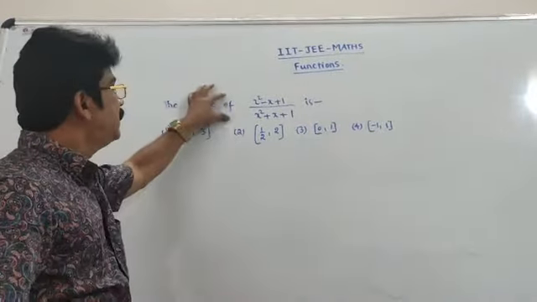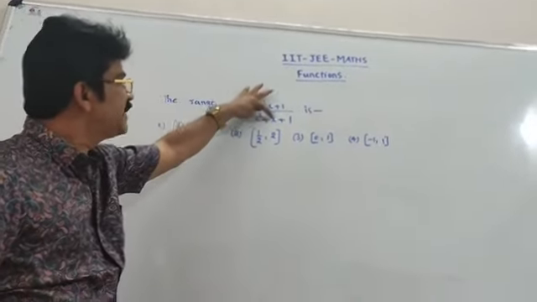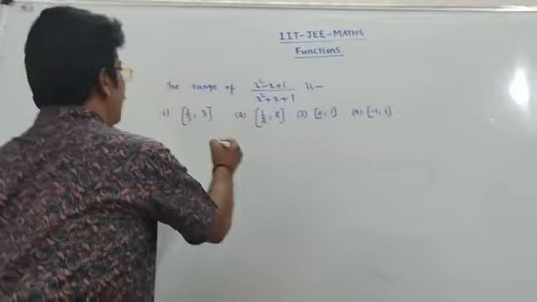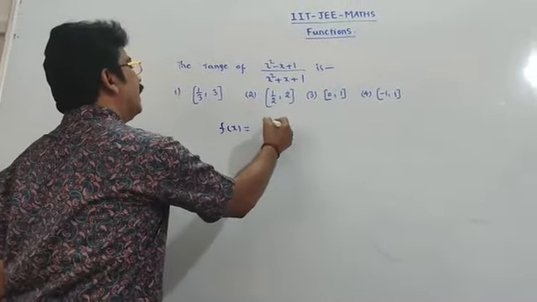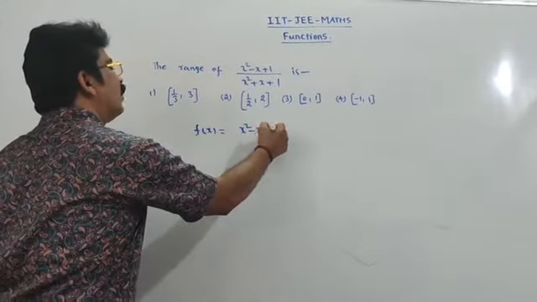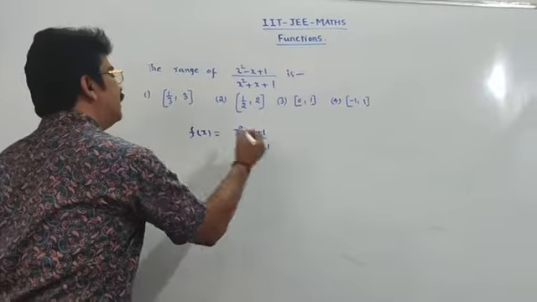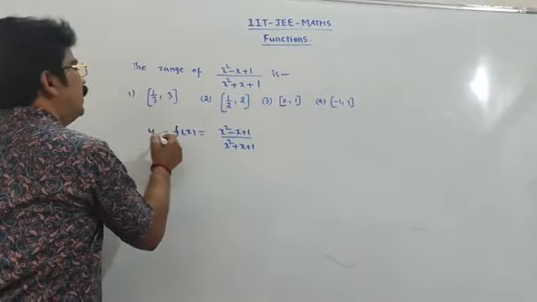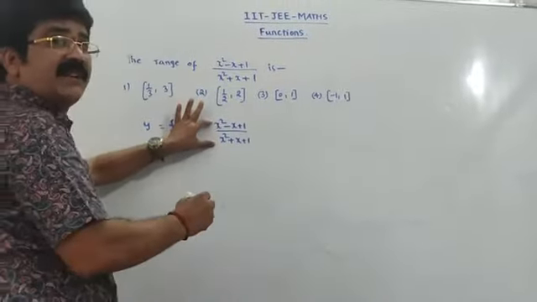The range of x square minus x plus 1 divided by x square plus x plus 1. It means f of x is equal to x square minus x plus 1 divided by x square plus x plus 1, say y equal to f of x. It is in the form of a rational function.